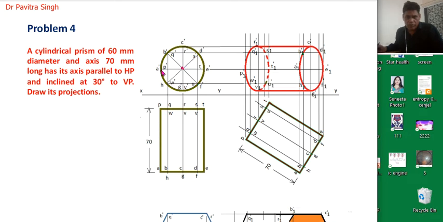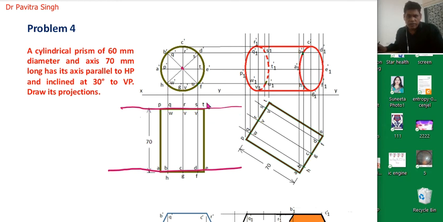Then we will draw vertical lines from point A dash, from point B dash, from point C dash, from point D dash, from point E dash. Okay, and we will draw one horizontal line and another horizontal line 70 mm apart from this line.